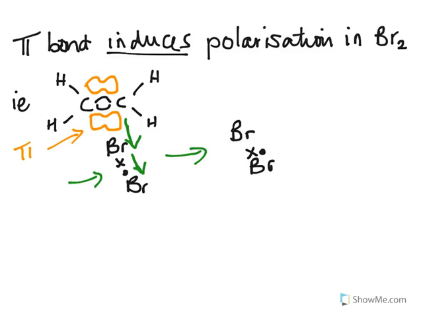In other words, as a result of this induced repulsion, we have a concentration of negative charge on this bromine, and this one becomes electropositive since its electron has moved away from it. And this is where our electrophile has been generated by interaction with the pi system.